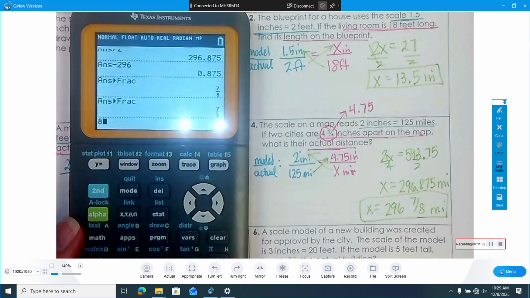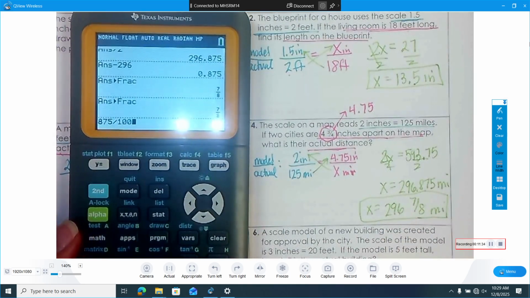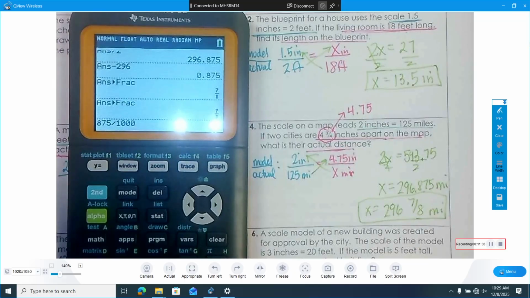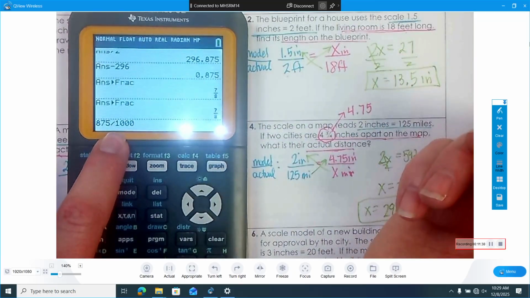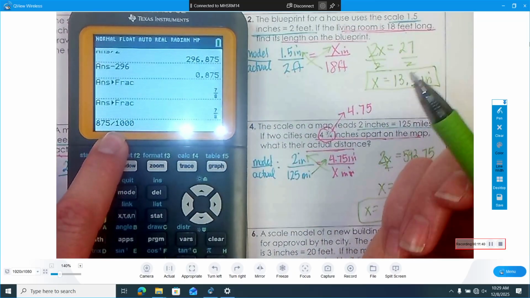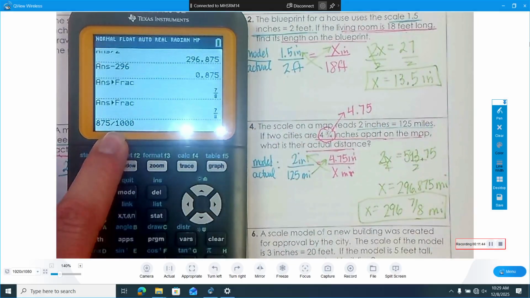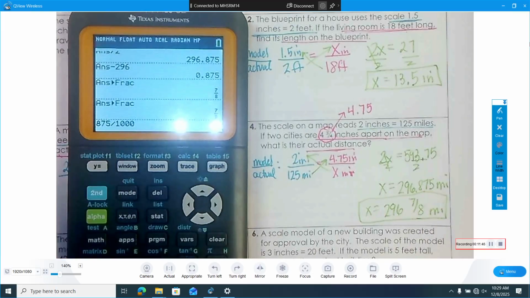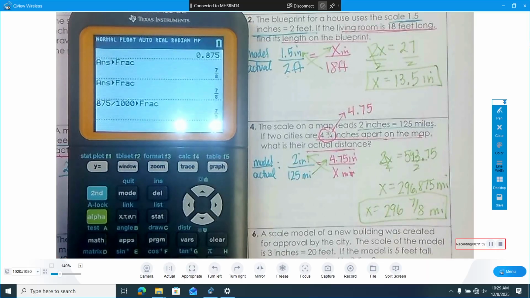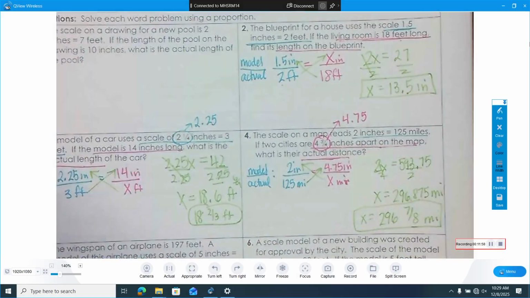So if you ever didn't have a calculator, the proper name tells us its fraction. 875 over 1,000. And then all you have to do is reduce that, which of course we can do, but you would divide by 5 until you couldn't divide anymore, okay? But there it is. So it's another way to do it.